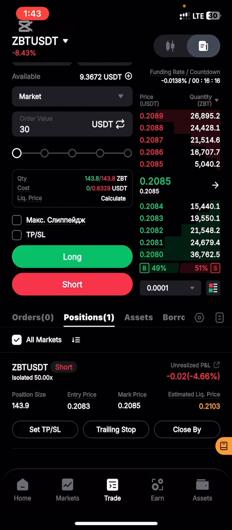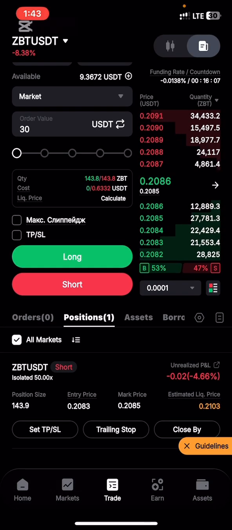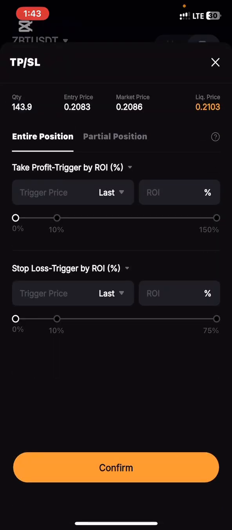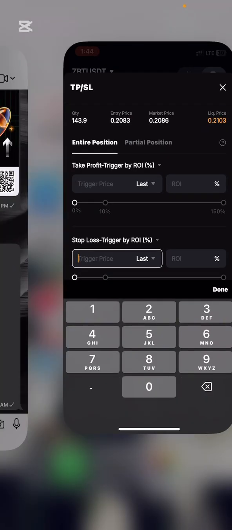Now, let's set up our take profit, stop loss, and all that. You can see right up here, down here, set up take profit and stop loss. Let's click it and set it up. What is the stop loss? The stop loss, you can see down here, 0.2211.